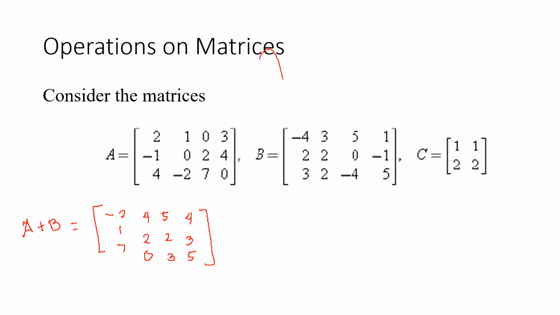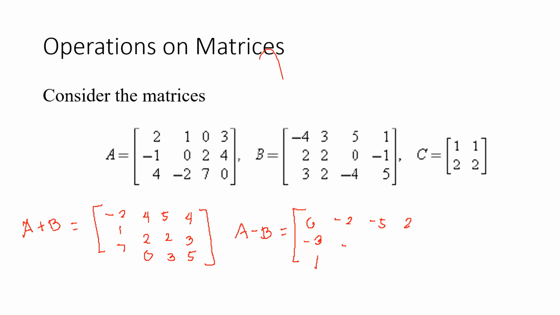Same goes when we are going to have A minus B. So you have 2 minus negative 4, that would be 6. Then you have negative 1 minus 2 is negative 3. Then you have 4 minus 3 is 1, and so on. So you have 2, negative 5, 2.